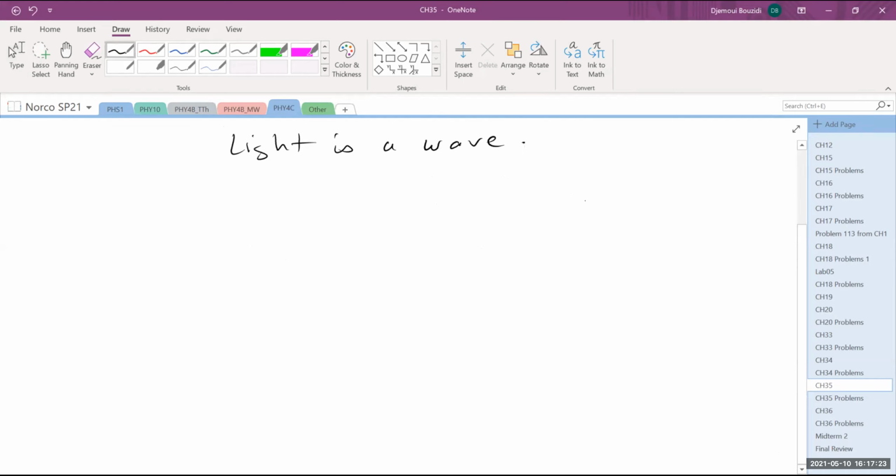Okay, so what I'm going to draw in here is similar to the experiments I have shown in here. Control C, Control V.